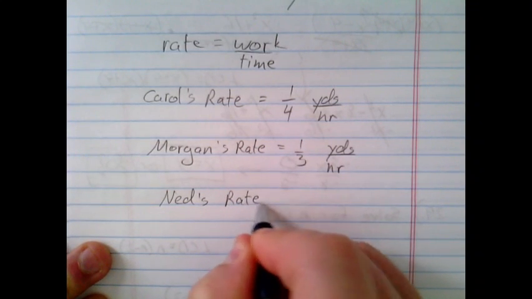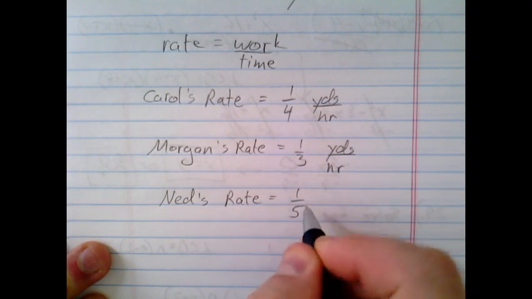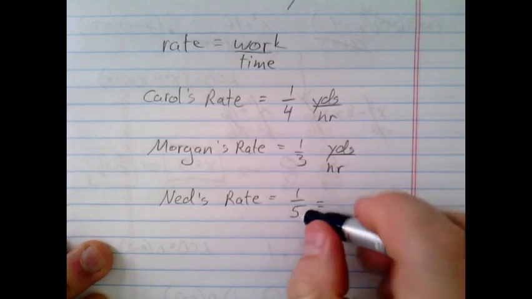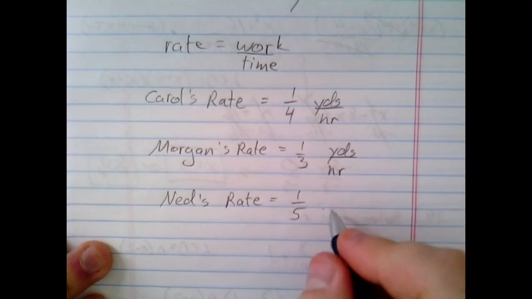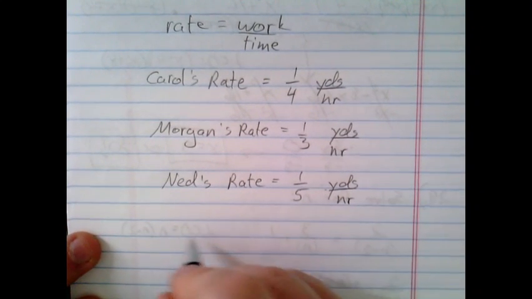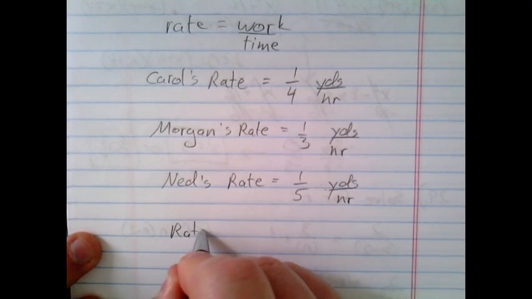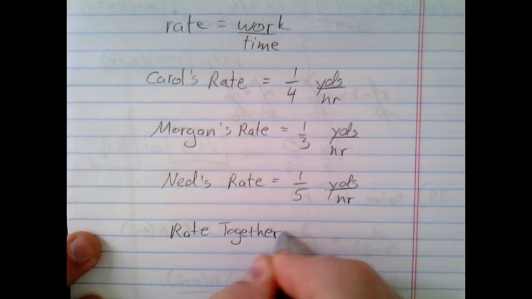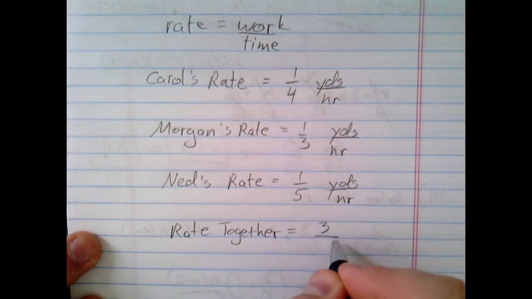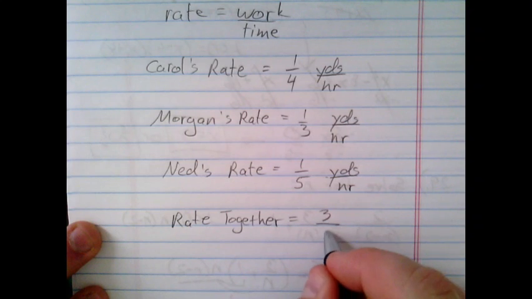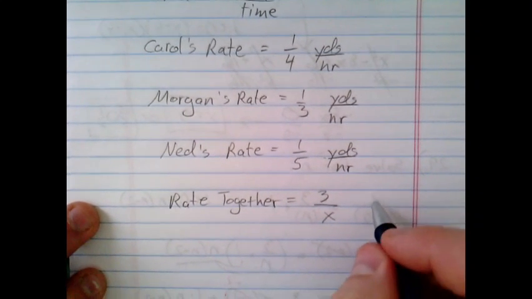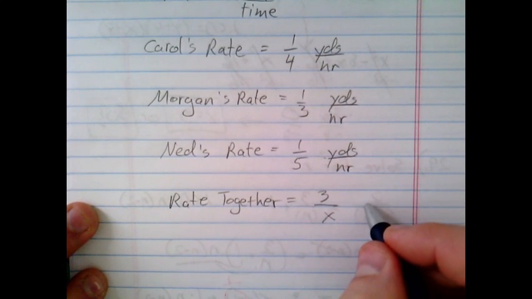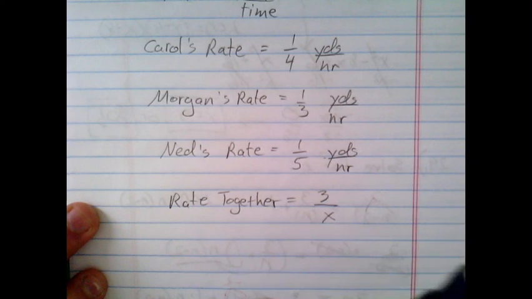So Ned's rate would be 1/5. And again, that's yards per hour. Now, their rate together, remember, they're doing 3 yards together, so the work would be 3, and the time is our unknown X. So that'd be 3 over X yards per hour.